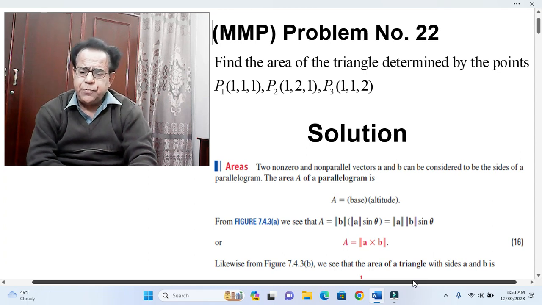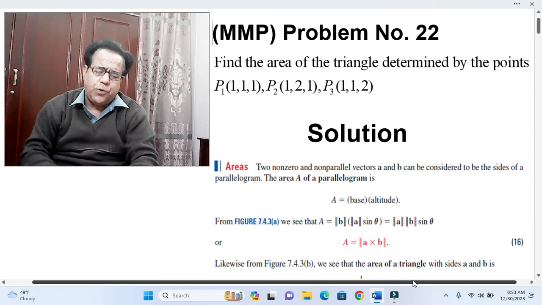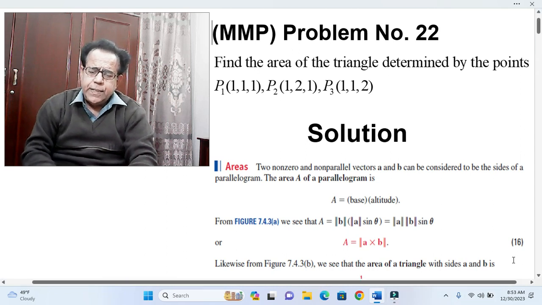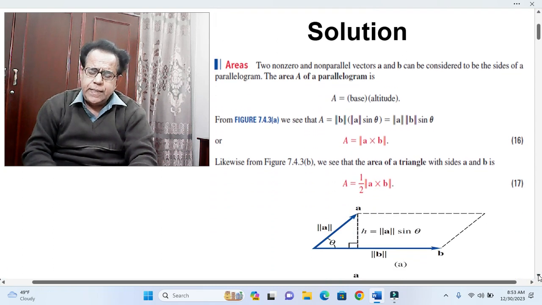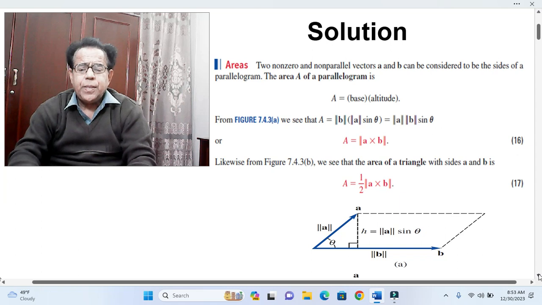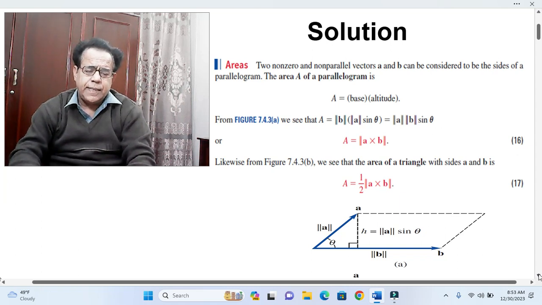Dear students, before going to its solution in a formal manner, we need to go through some snapshots. In these snapshots, we will get the basic idea about this calculation regarding area of a triangle and also area of a parallelogram.